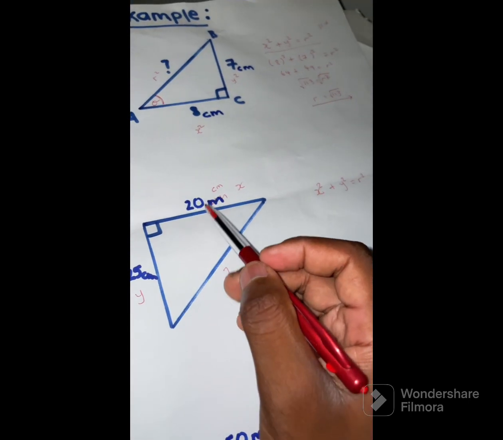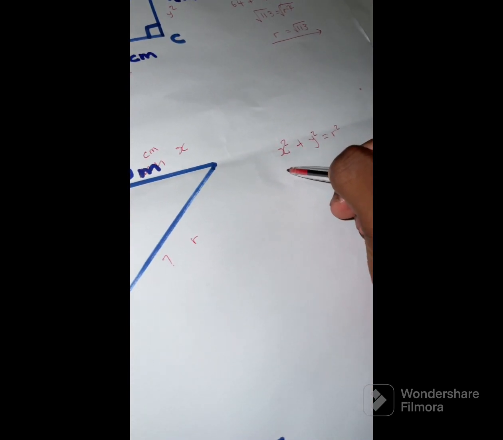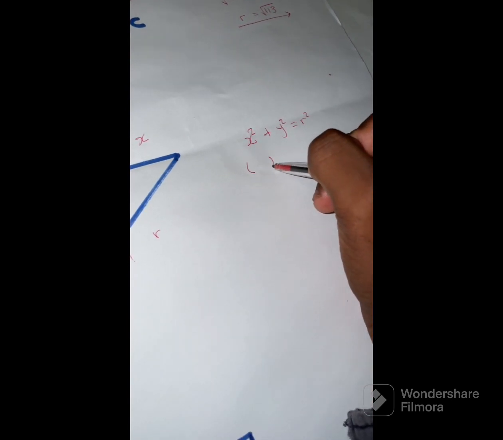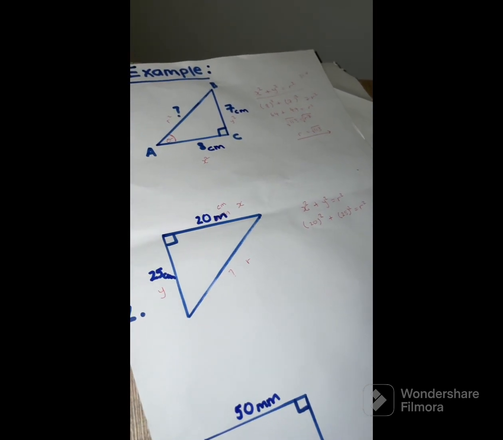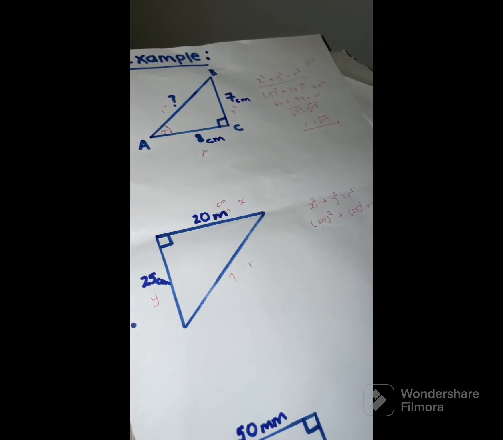We know our x value, which is 20, but before we start inserting 20, we need to open our brackets. Then we insert our y value, which is 25, open our brackets, 25, and then we square the 20, which is 400. Let me just confirm that. 400, yes.